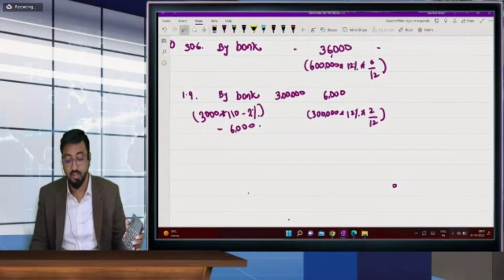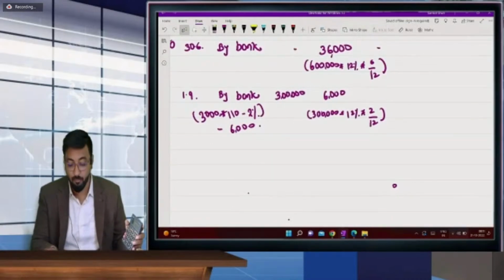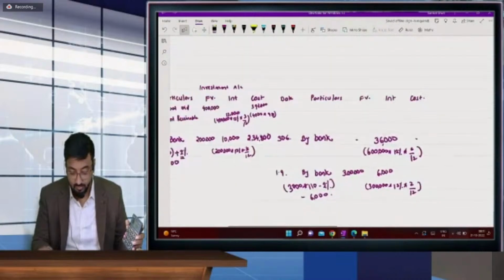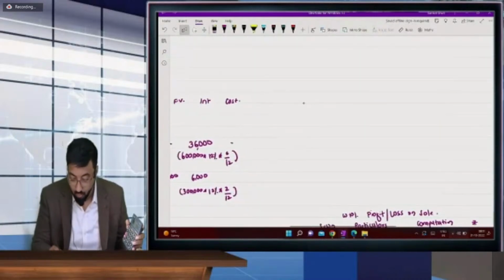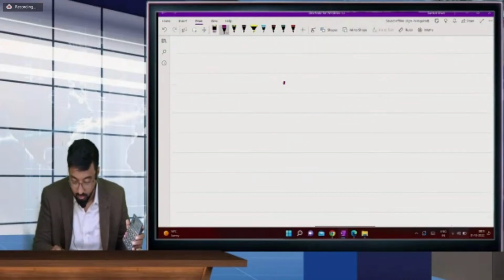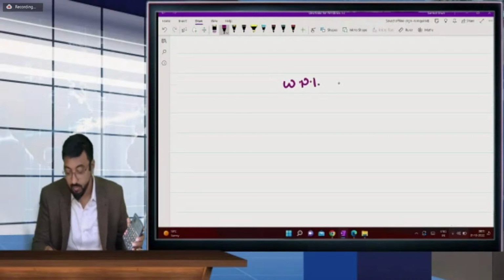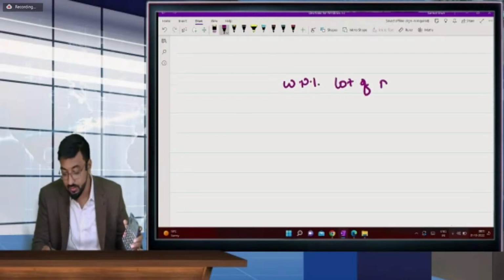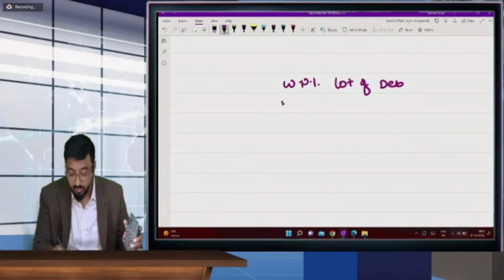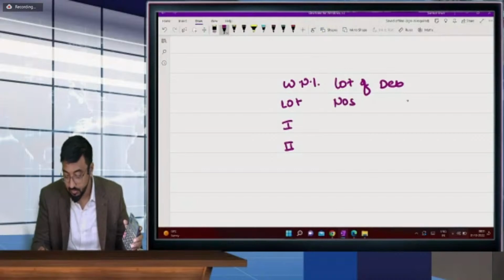Cum interest tha na? Now this 3,000 FIFO method. See, opening balance. Otherwise, you can prepare this working note. Lot of debentures. Lot number 1, 2. Numbers. Sold. Balance.